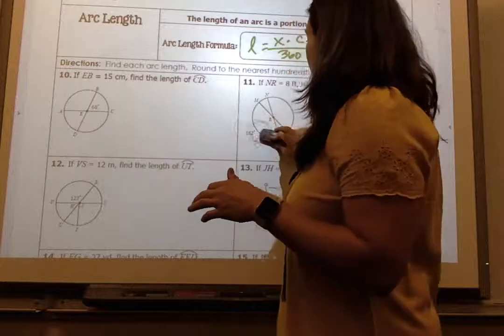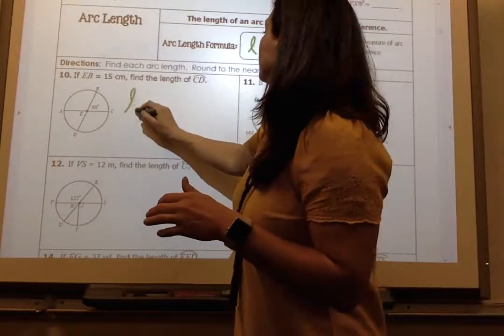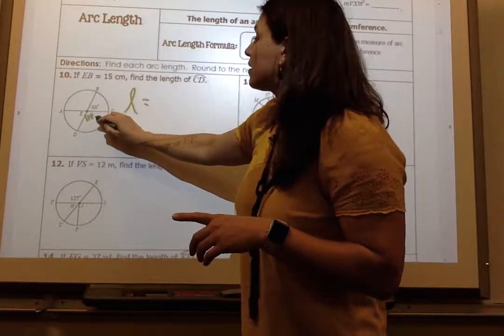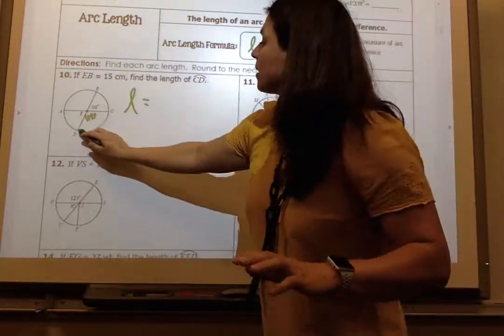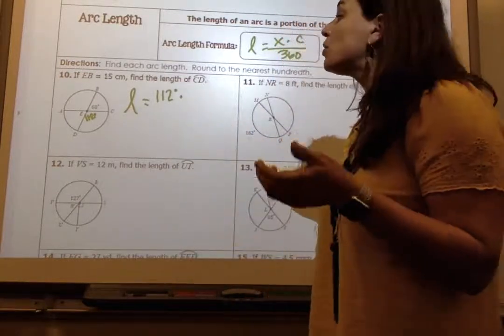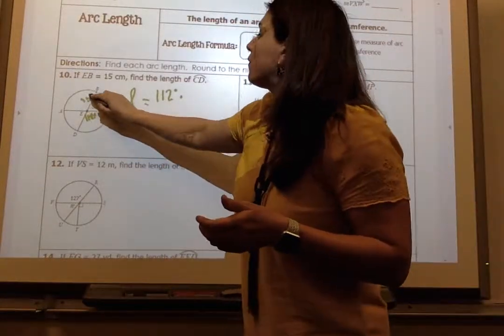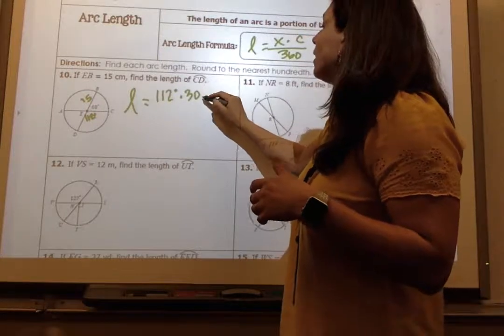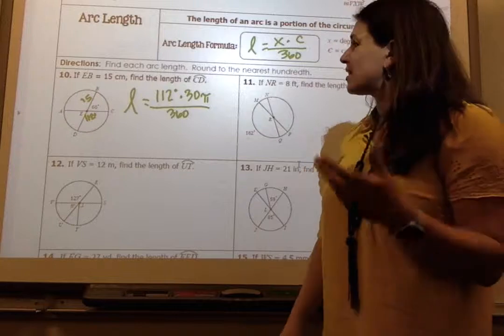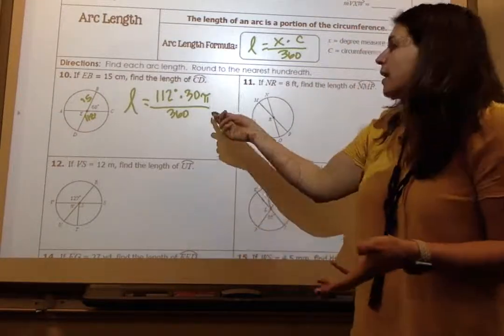So, if my length is equal to x, the degree measure of the arc is still 112. That doesn't change because this is the arc measure that I'm looking for. So it's 112 degrees times circumference. We know this is 15, so it's 30 times pi over 360, which is exactly what that proportion set up to be.